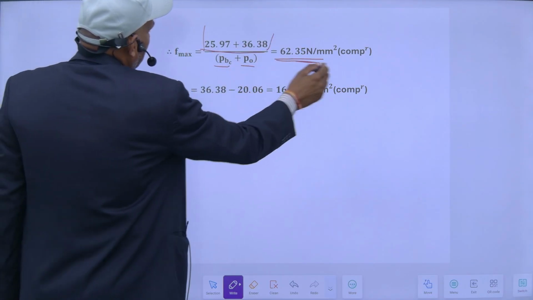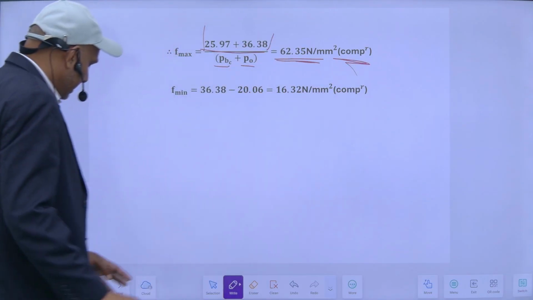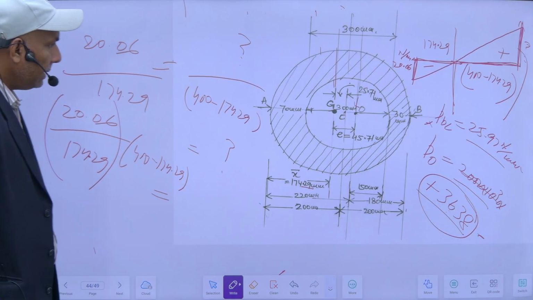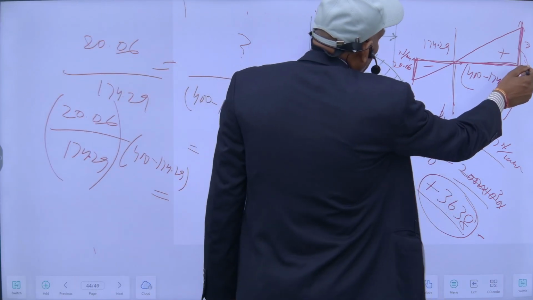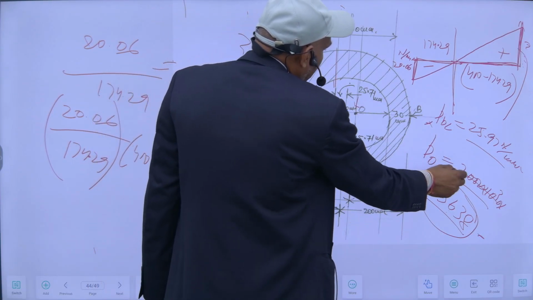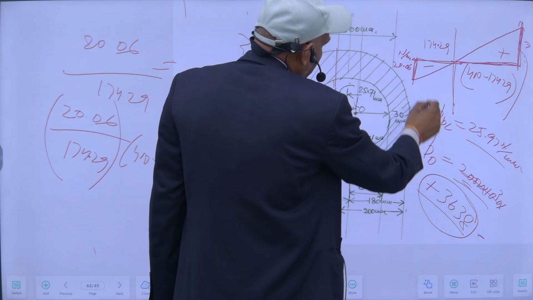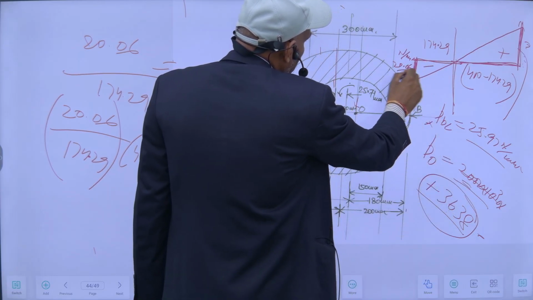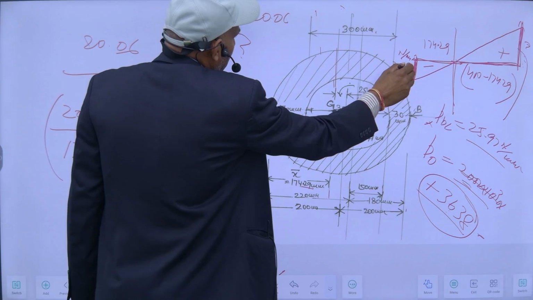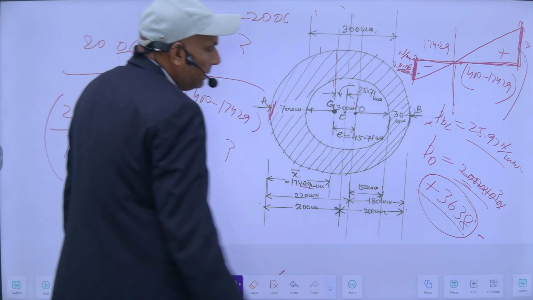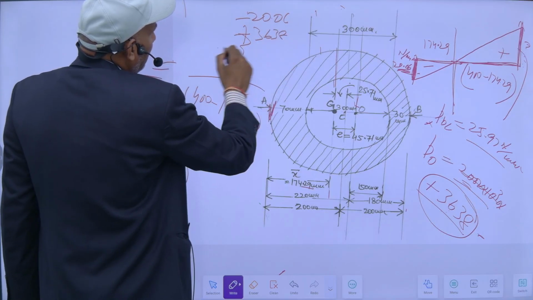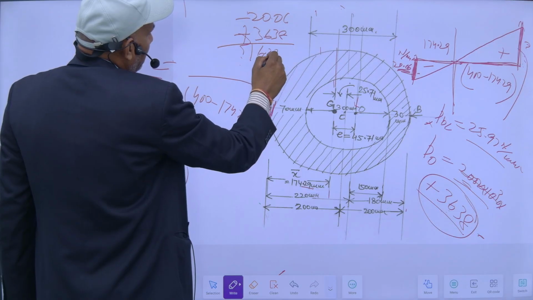So the total is compressive here, and on this face it will be direct minus bending. Obviously this is 20, minus tensile. If I want to know my stress at this end, this is bending tensile and this is compressive 36.38. So I will get 16.38.